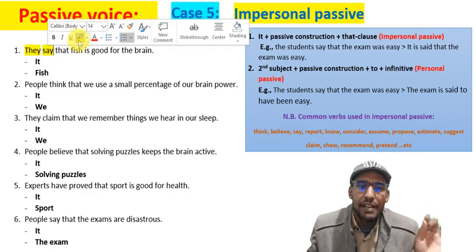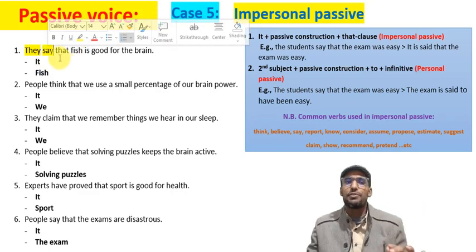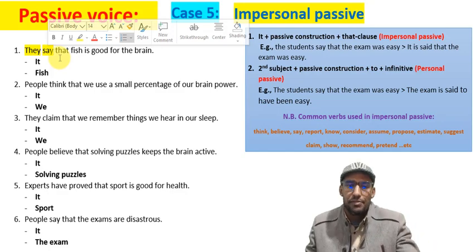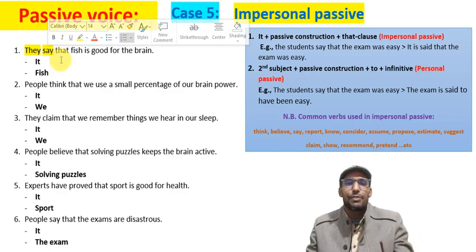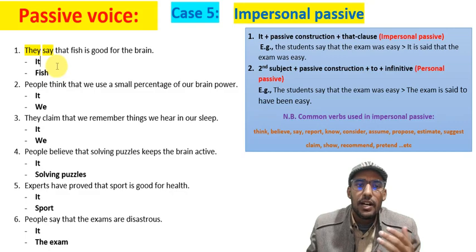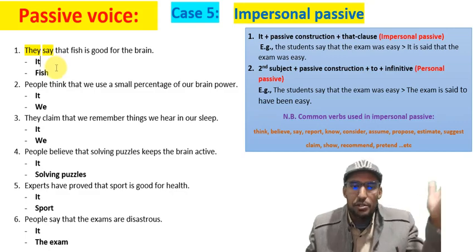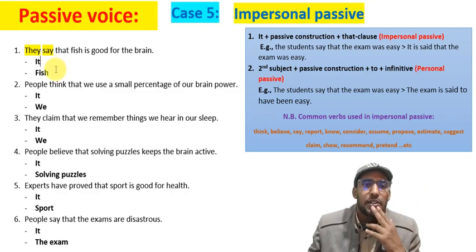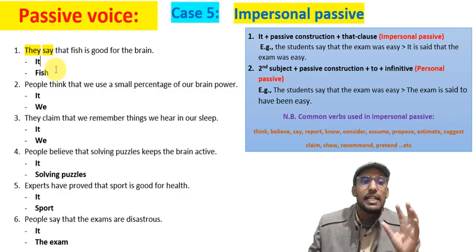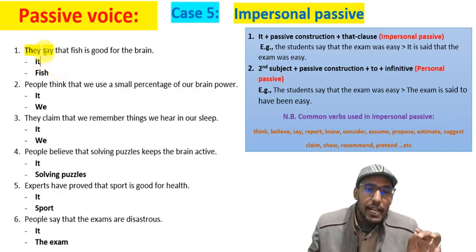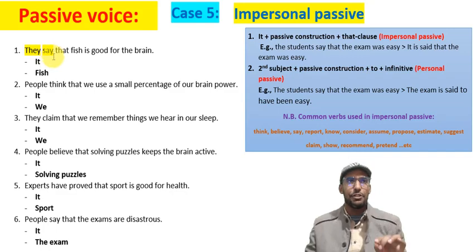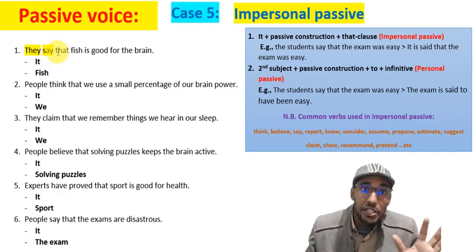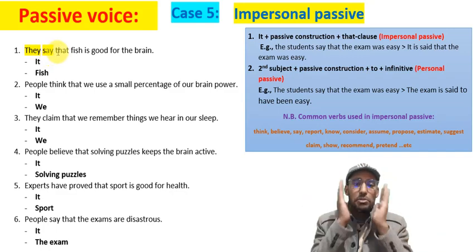We have the first subject and the first verb. This verb is an introductory, a reporting verb, verbs of thinking and saying and so on, or verbs of perception, if you like. Think, believe, and so on. They say: this is the first subject and this is the first verb. This is clause number one, as I noted before.